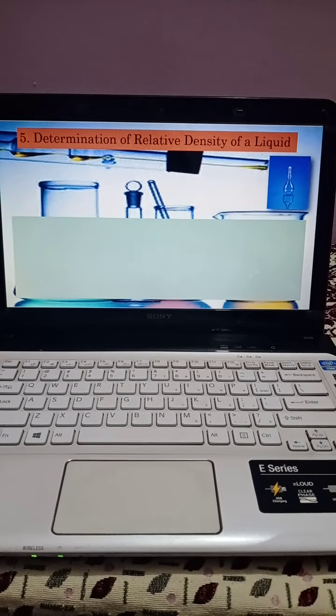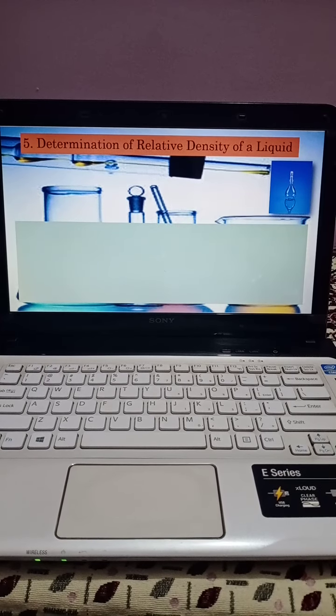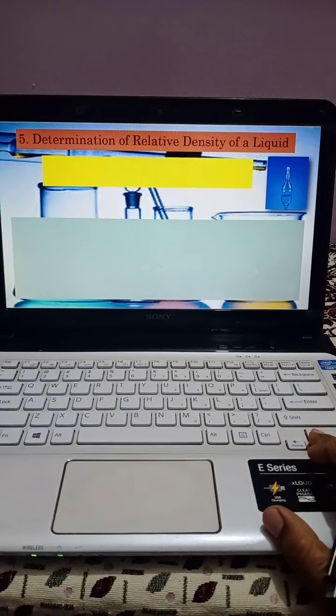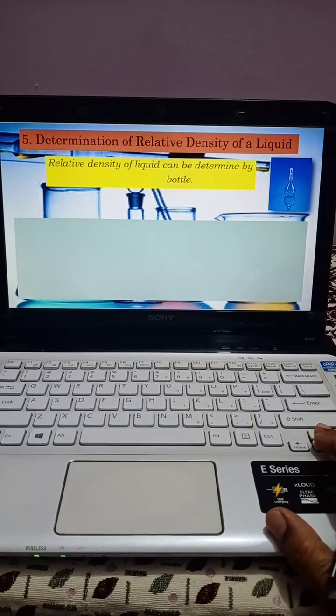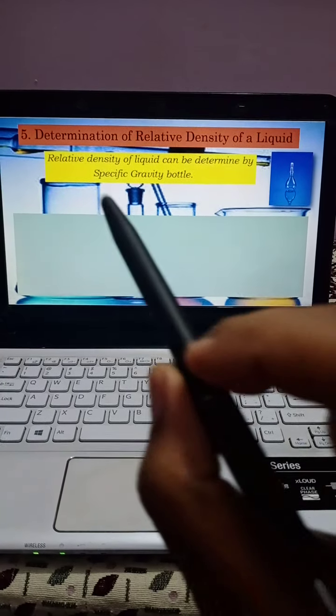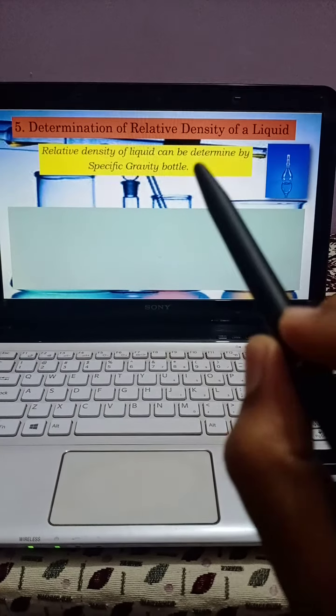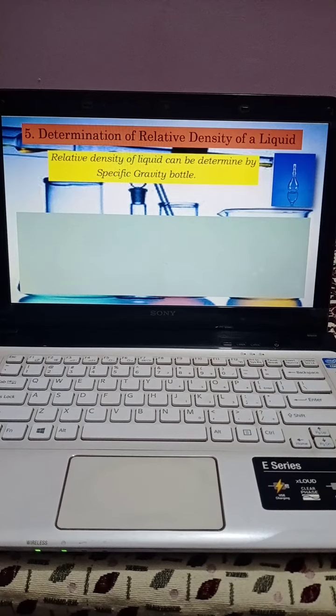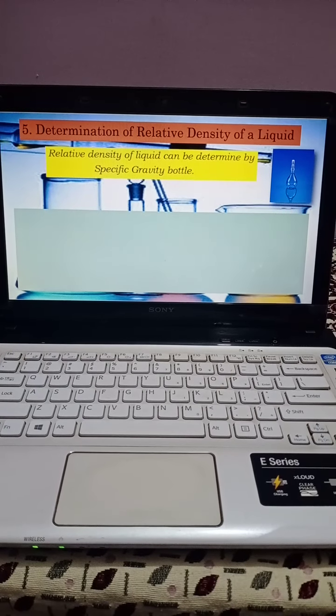So to determine relative density of any unknown liquid, we use an apparatus named specific gravity bottle. So this is the apparatus, specific gravity bottle. With the help of this apparatus we can find out relative density of any unknown liquid.